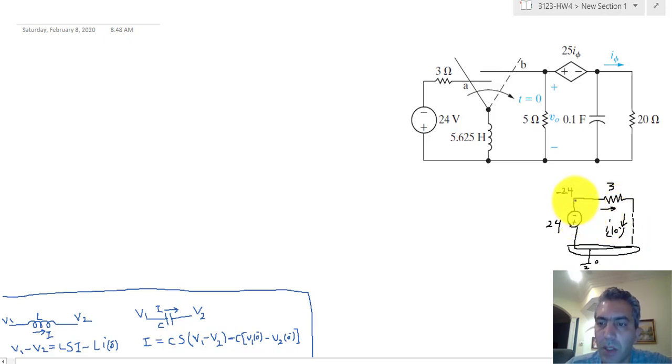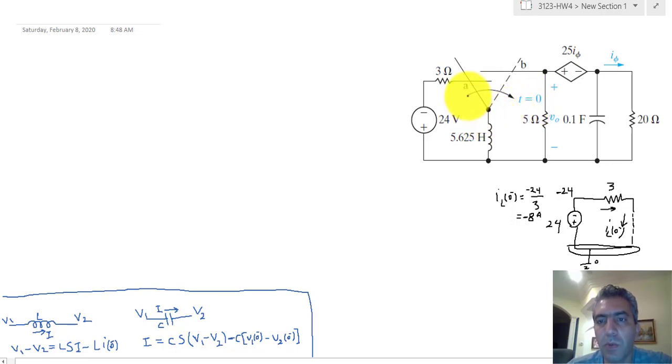It would be minus 24 minus 0 divided by 3, so IL0 is minus 24 divided by 3, which is minus 8 amps. So with that realization, now we can move on to t equal to 0 and above.